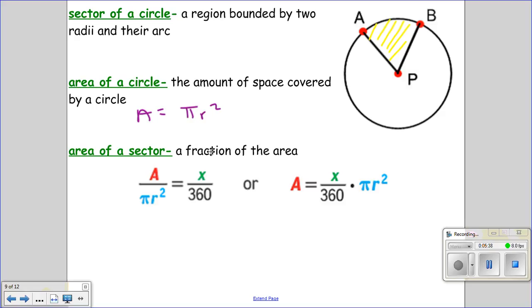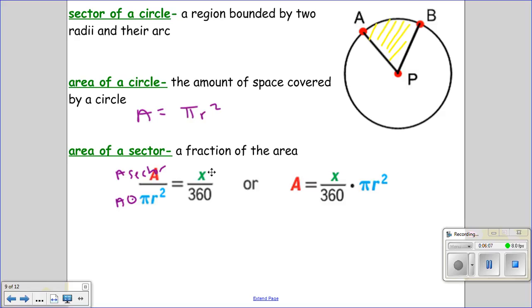The area of a sector is a fraction of the area of the whole circle. Because again, a sector is only a slice of the circle. It's not the entire circle, so it's just going to be that fraction. So to find the area of the sector, you divide the area of the sector by the area of the circle. Again, this is the area of a circle down here, this is the area of a sector.